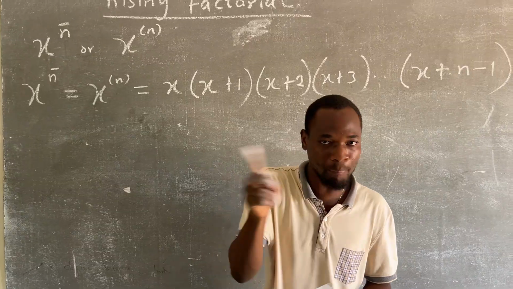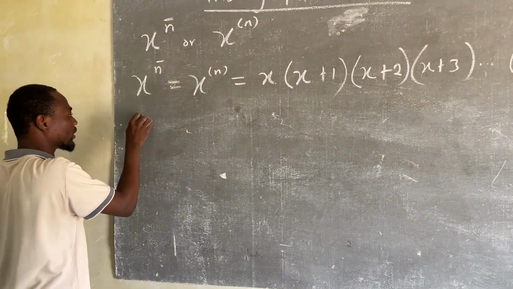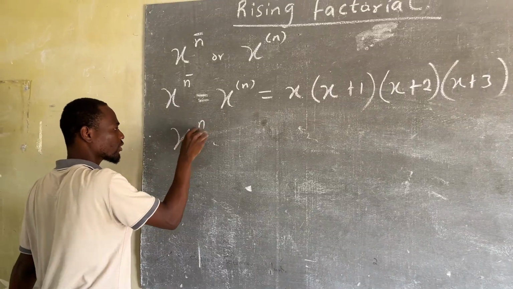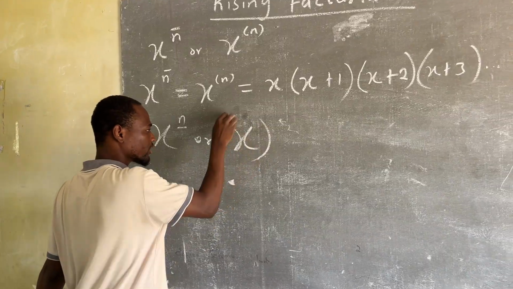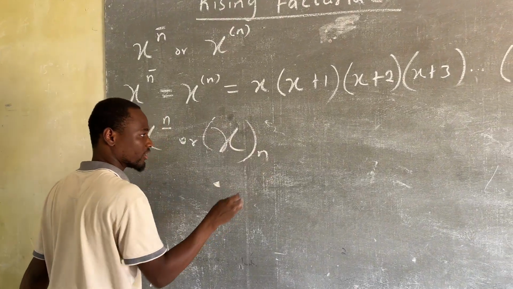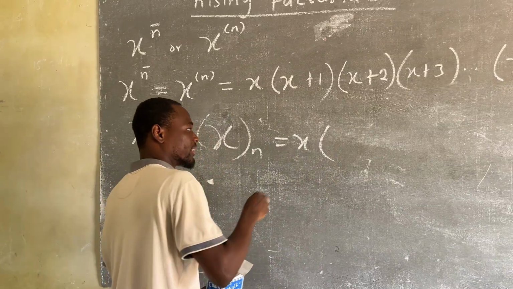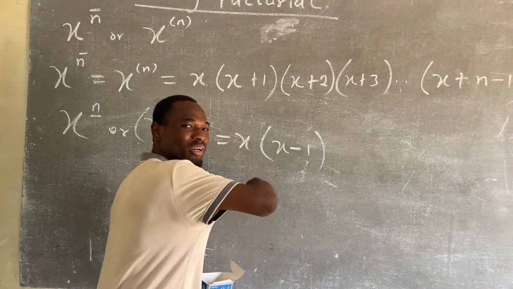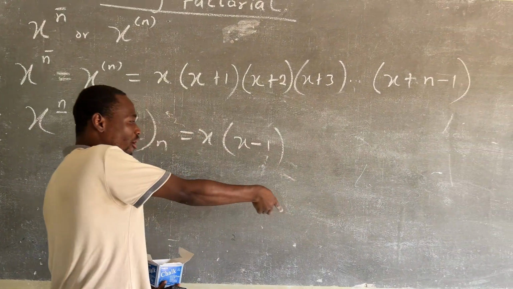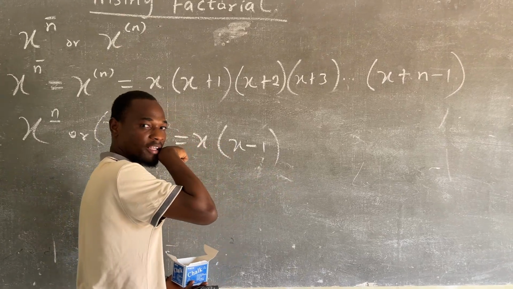So for recap purposes, we said that falling factorial, which is denoted by this, right? Or x, then this way, so x for n is the same as we have our x, then times x minus 1. Remember, it is descending. So falling factorial is the same as descending factorial, right?